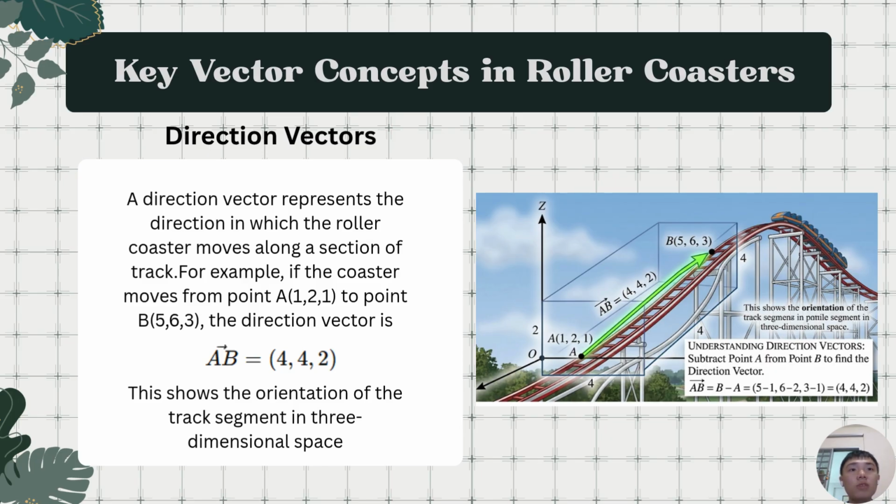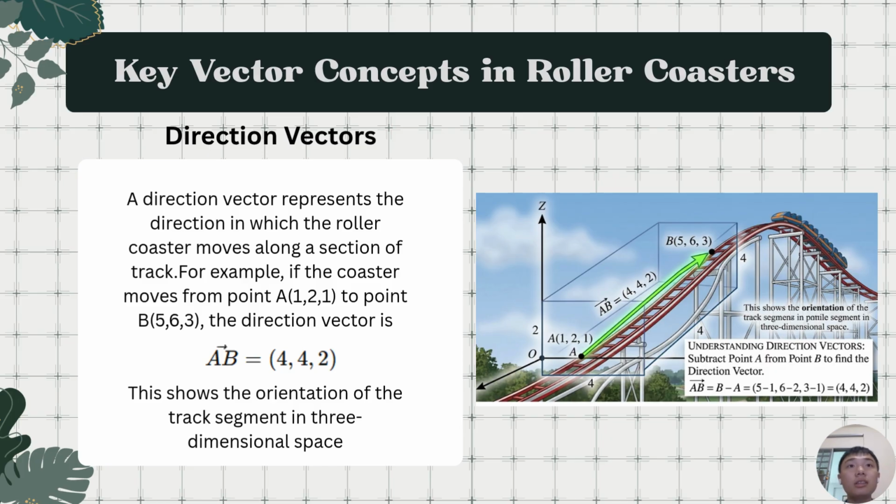So finally we will get the answer (4, 4, 2). So this means the coaster moves 4 units in the x direction and 4 units in the y direction, then 2 units in the z direction.